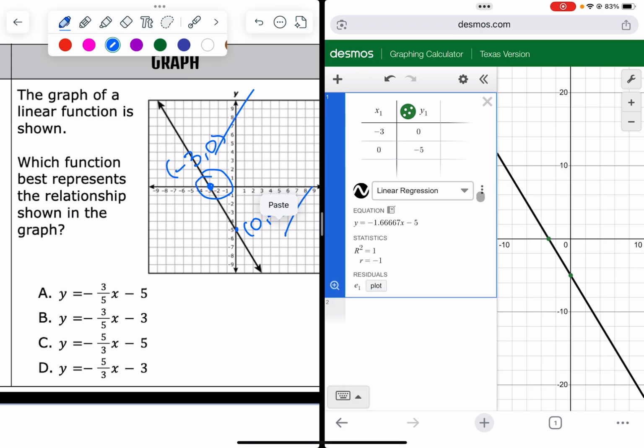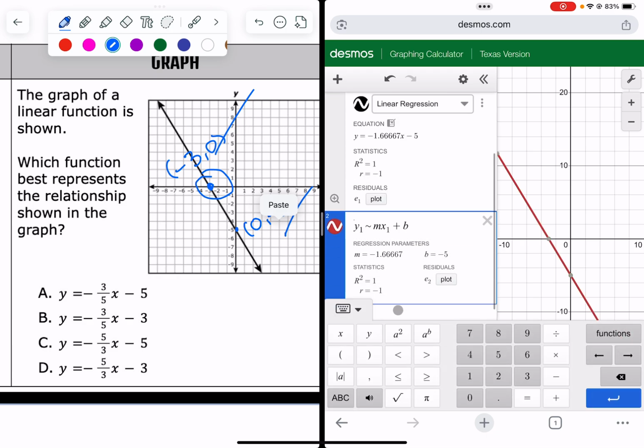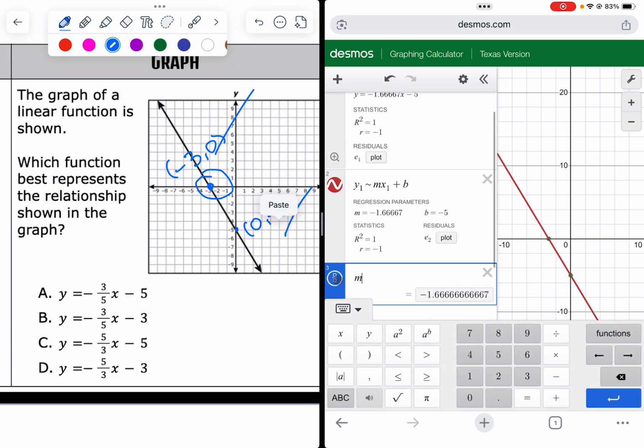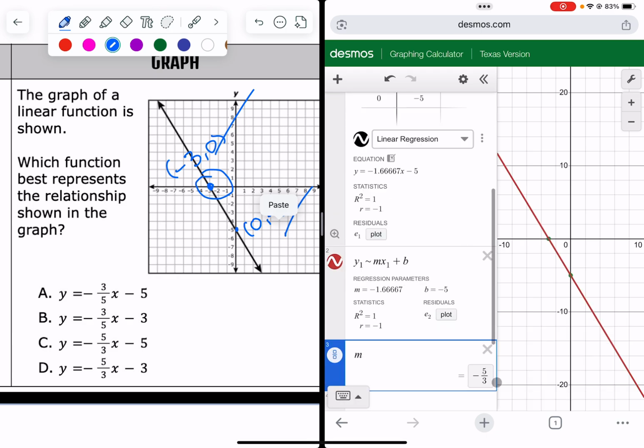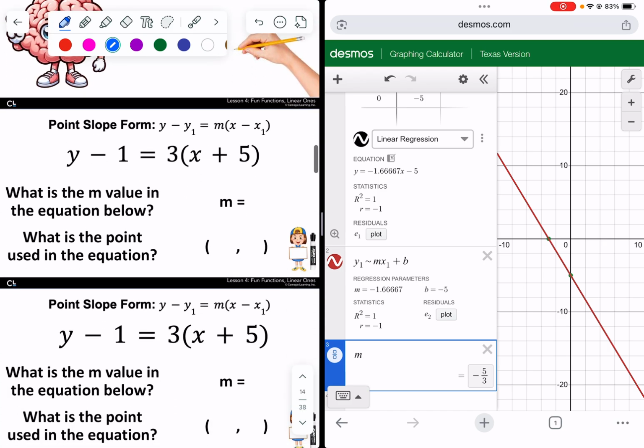And we do this. We grab this, we export. We do the m. And we get -5/3, -5. So either way you do it, you would get the right answer. It just depends on which way you want to do it.